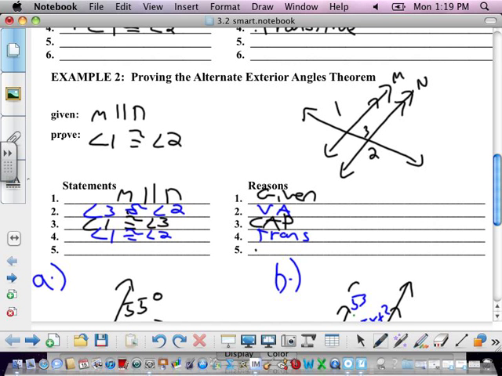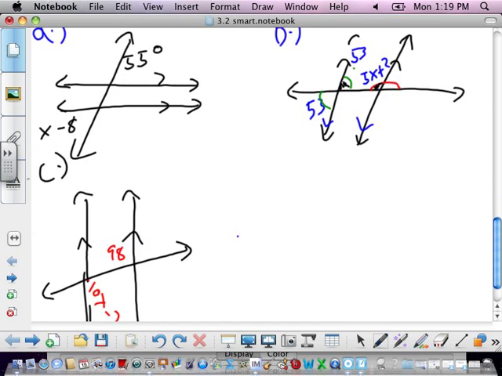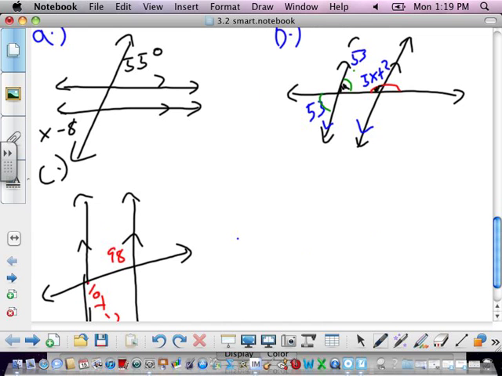All right, we've got 3 more quick problems to do, and then we will move on to our writing and our homework. We've got A, B, and C. I know it's got D, E, and F, but we're only going to do A, B, and C. So please copy these down. For A, we've got 2 parallel lines, and we've got x minus 8 in one corner and 55 in the other.